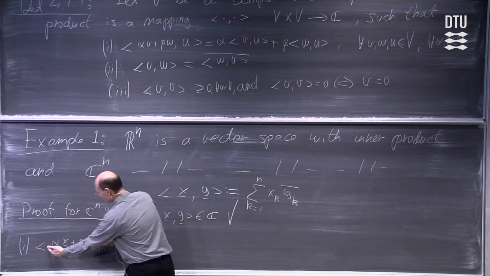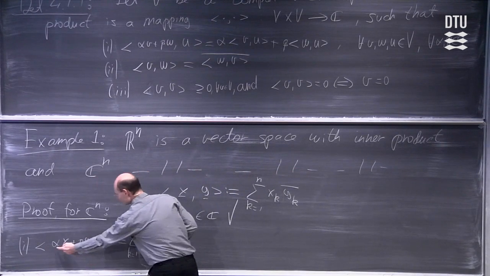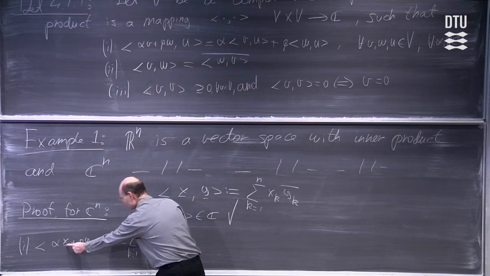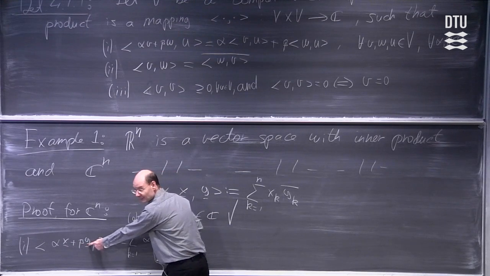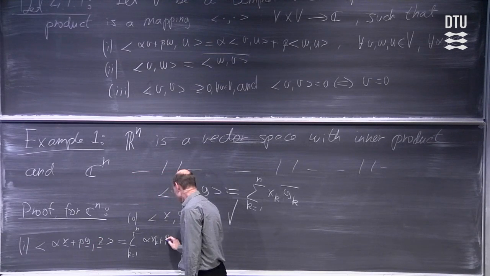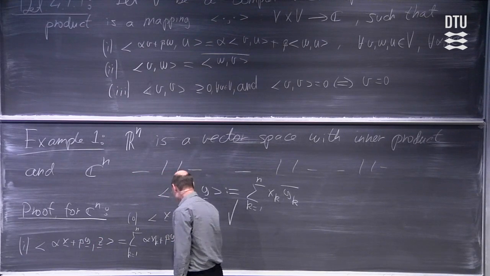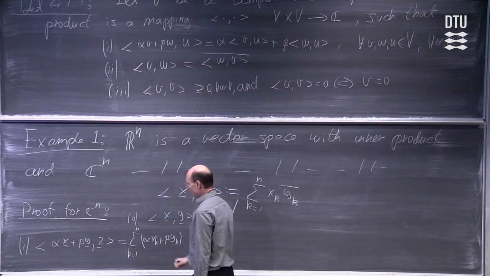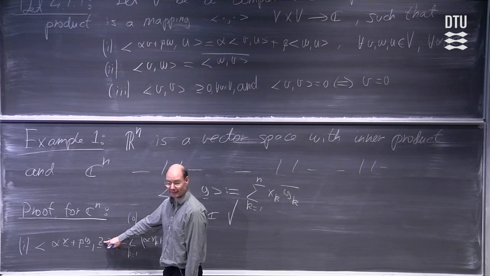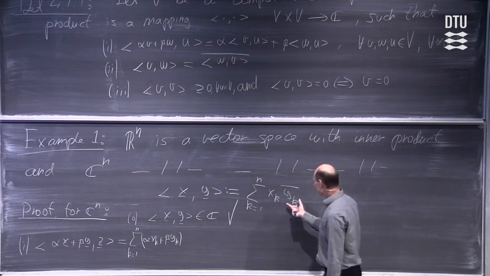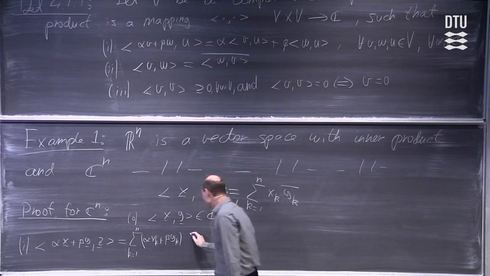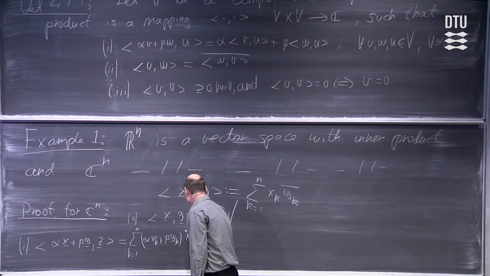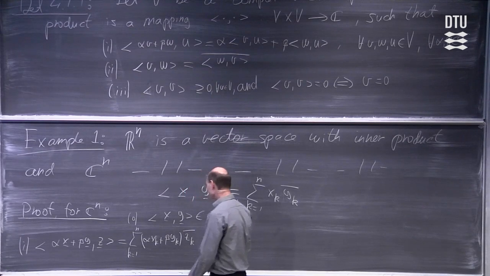And the kth component of this is just the alpha times the xk plus the beta times the yk. So we have to take this and multiply with the kth component here, where we remember that everything in the second coordinate should be complex conjugated. That means we are looking at ck complex conjugated.